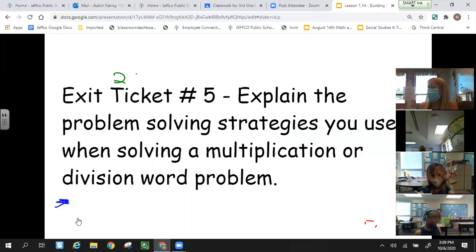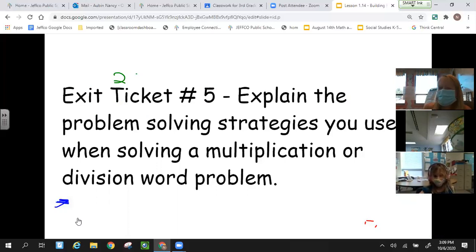It can be many things. What made you successful today? What strategy or strategies did you use, or could you use, that you wish you would have used to be more successful? So it's kind of open-ended. But what are some of the problem-solving strategies we've talked about, we've been practicing, and that we are using?